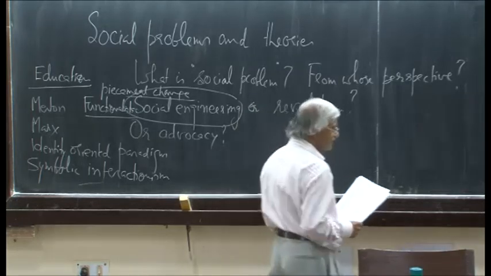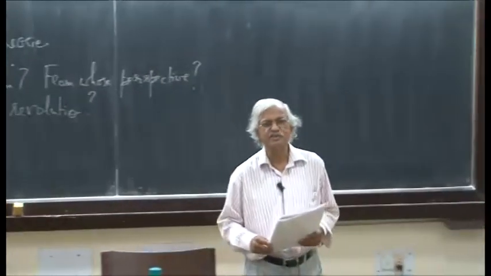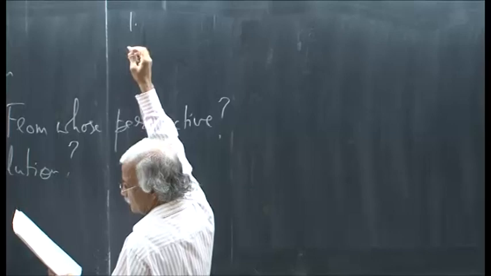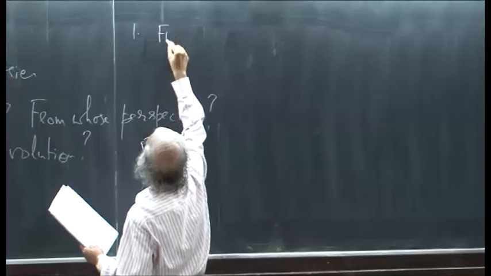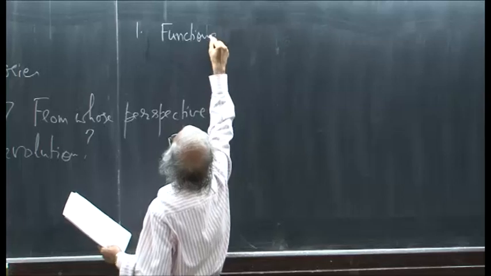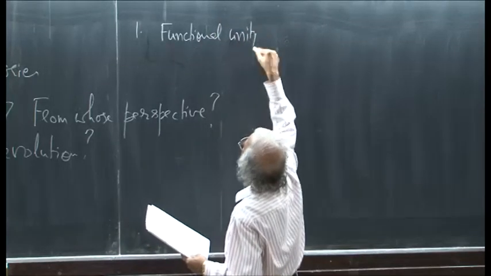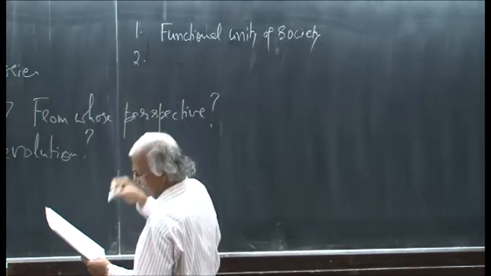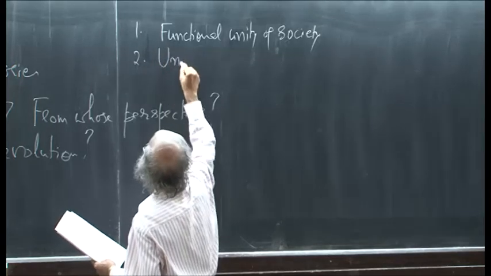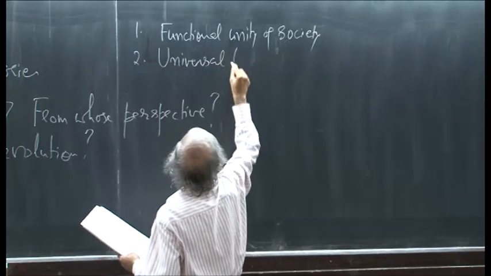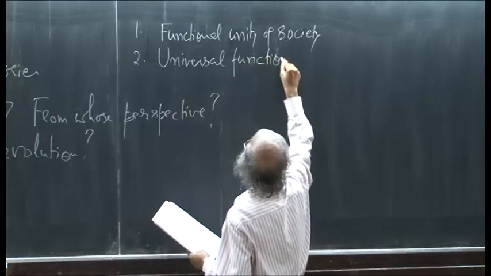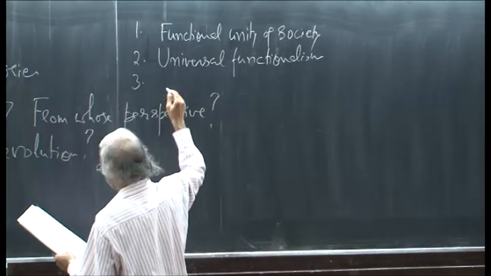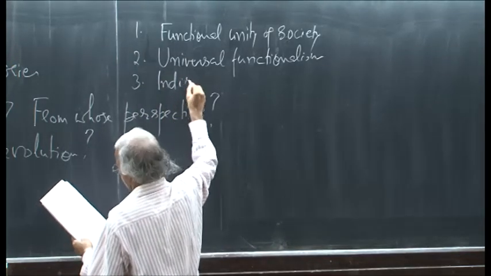Merton says that the whole functional theory can be reduced to three basic postulates. One, the postulate of functional unity of society. Second, universal functionalism. And third, postulate of indispensability.